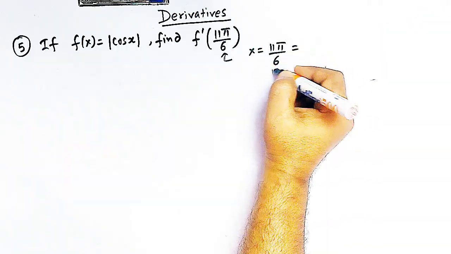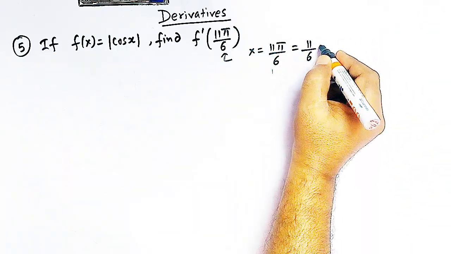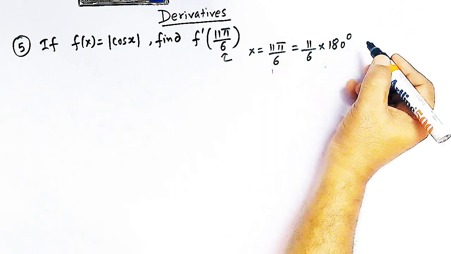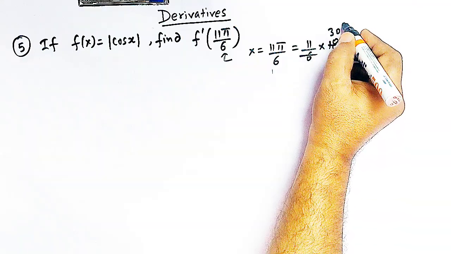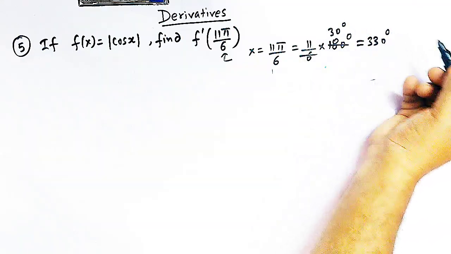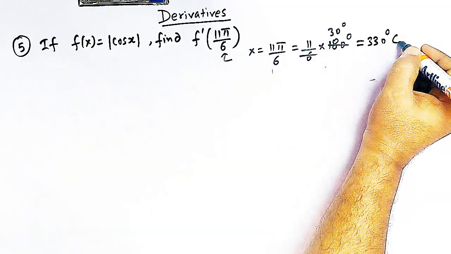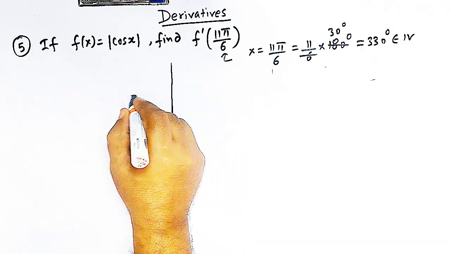Now let us convert this angle into degrees. So we have 11 over 6, and pi radians is equal to 180 degrees. So here we have 30, and this is 330 degrees, right? And this angle 330 degrees belongs to the fourth quadrant, because here we have the quadrants.